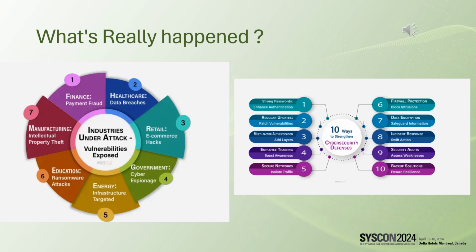Schools and universities are vulnerable to malware that blocks access to data until a ransom is paid. For the manufacturing, the intellectual property theft, the theft of the property design and process.